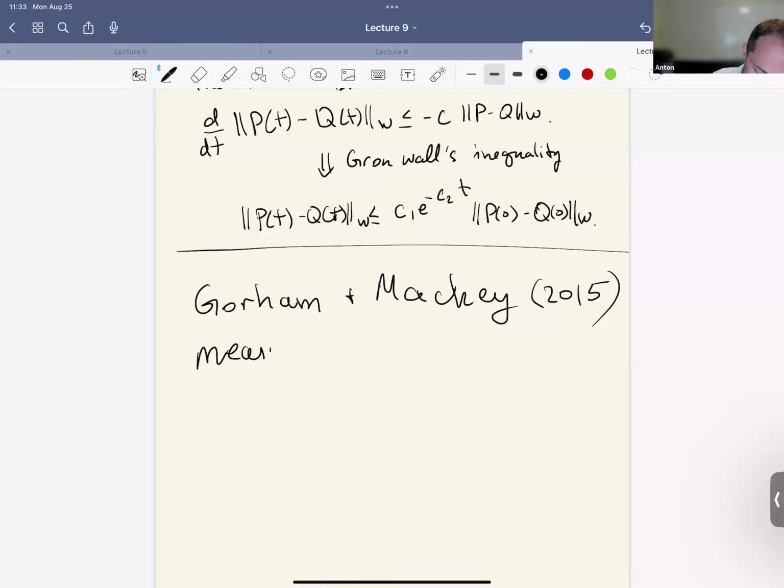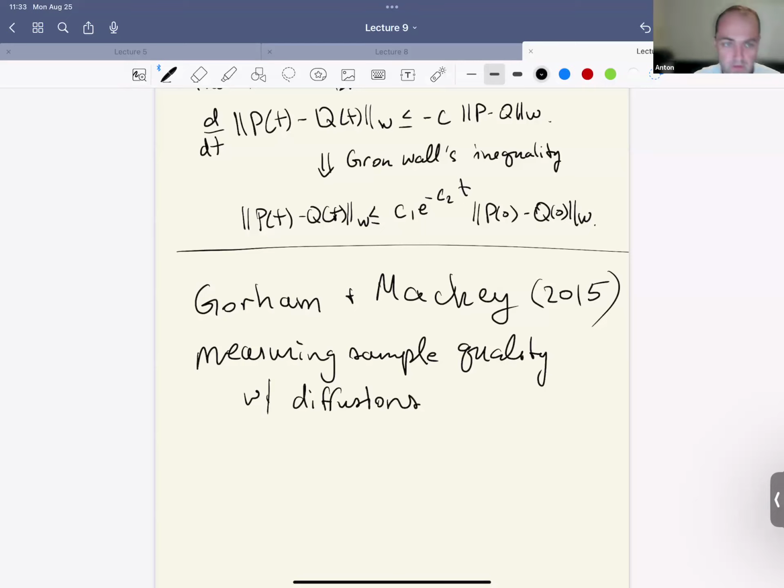Measuring sample quality with diffusions. Let me just quickly check that it is the right paper. Yes, except I gave you the wrong authors.